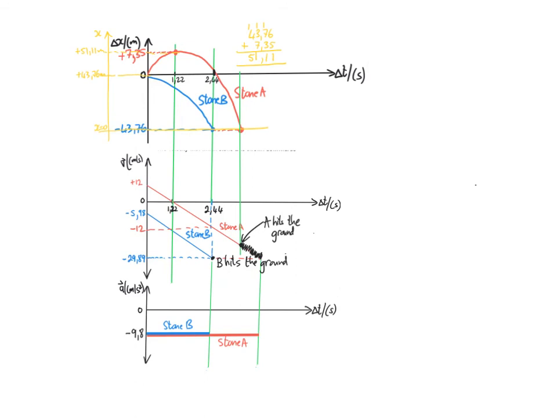We see that the two velocity time graphs are both straight lines, and they both have negative slopes because the gradients should be negative, because they are accelerating under gravitational acceleration. Down is negative, so the sign would be minus, so they've got negative slopes.